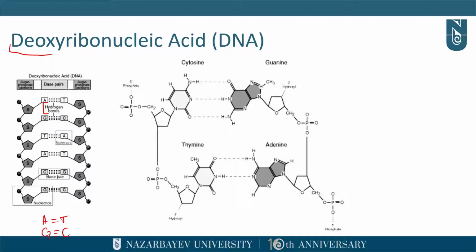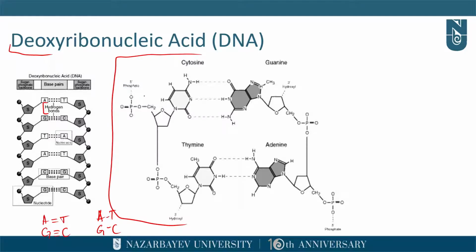Of course, because we want to show it in a simpler way, we usually write A to T and G to C without showing the 2 and 3 hydrogen bonds here. So here is the formula and the spatial formula.